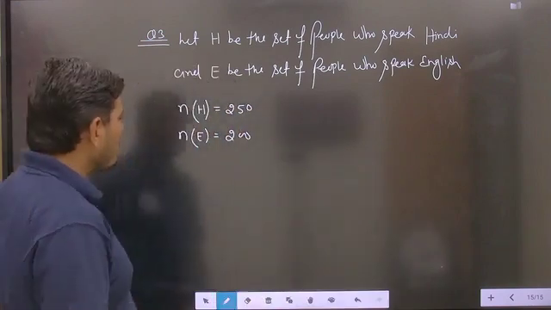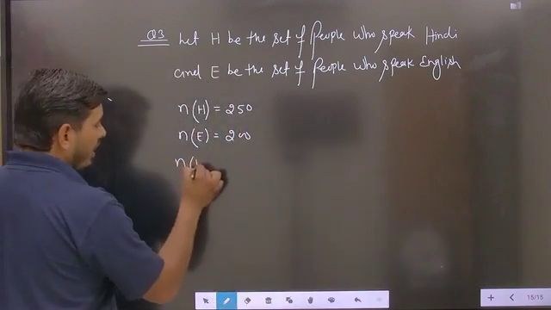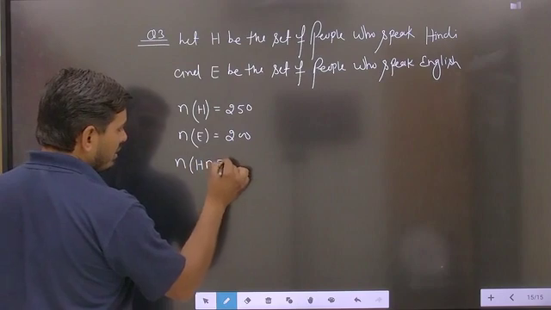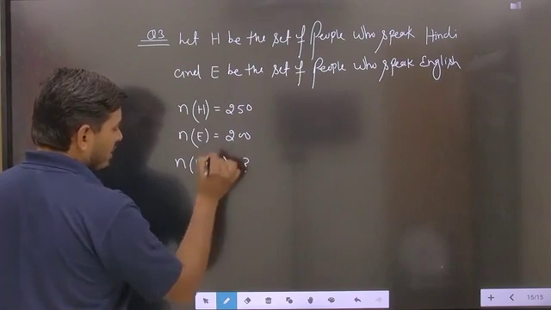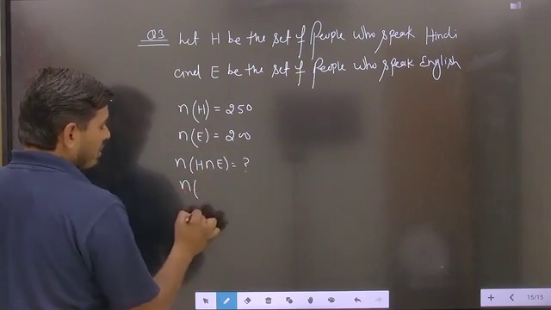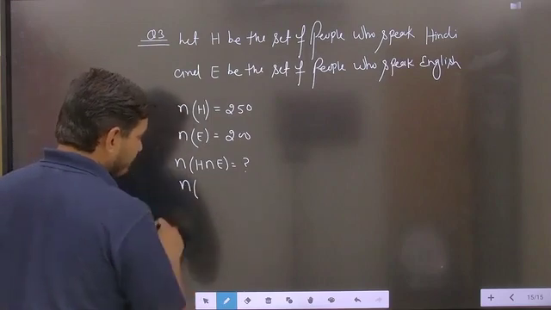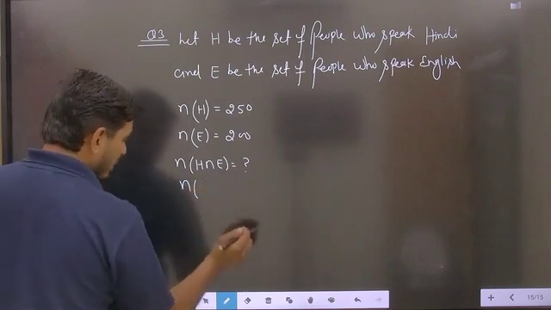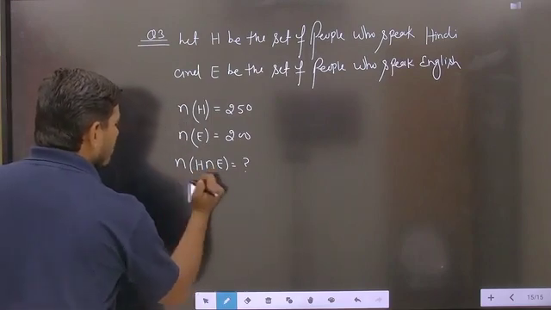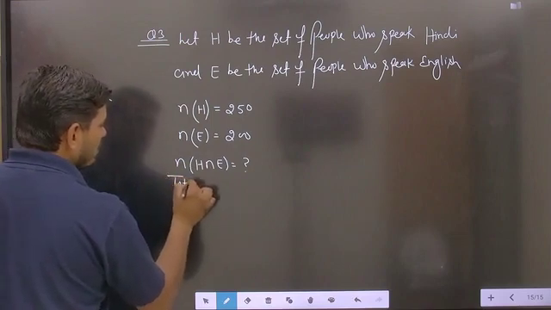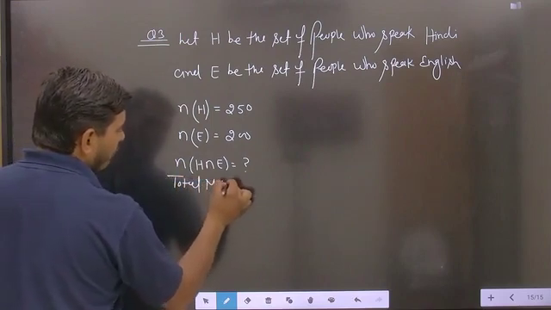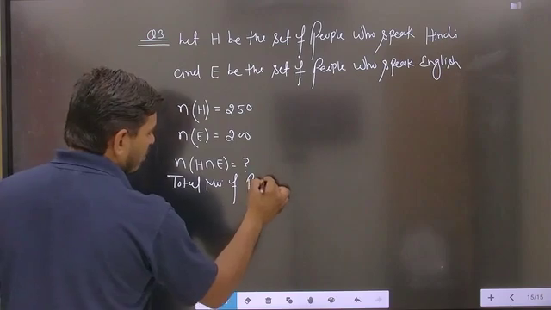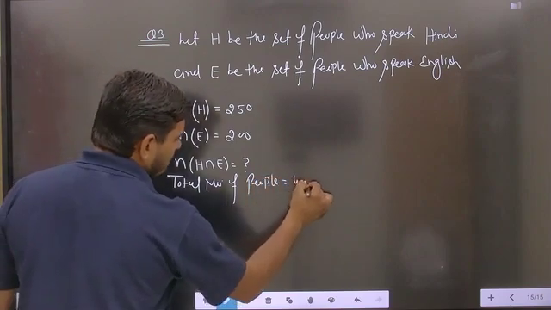So we have to find H intersection E, and this is to be obtained here. The total number of people is given as 400.